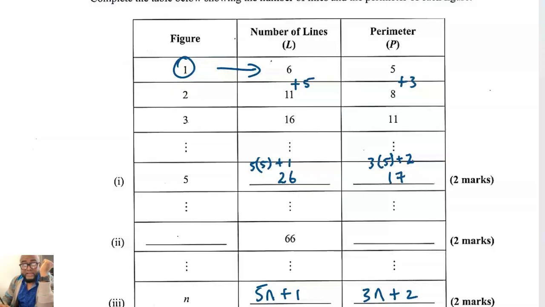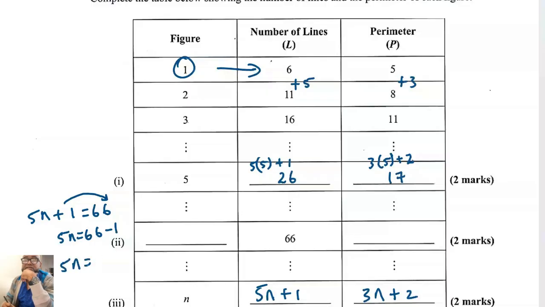Now here, you actually have to form an equation. So this column here they give us is actually 5n. 5n plus 1 is equal to 66. How are we solving this? What's the first thing we have to do? Minus the 1. So 5n is equal to 66 minus 1, 5n is equal to 65.